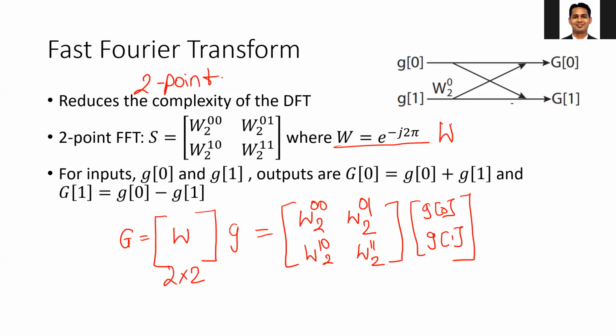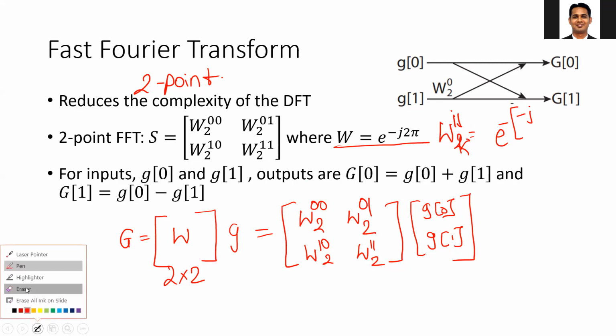So when I say W 1, 1 of 2, instead of 1, 1, I'll say it is s and t, and instead of 2, I'll use K. I'll just rewrite this in a slightly better manner.